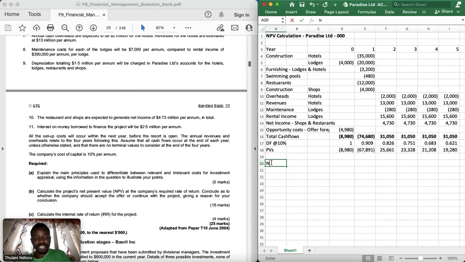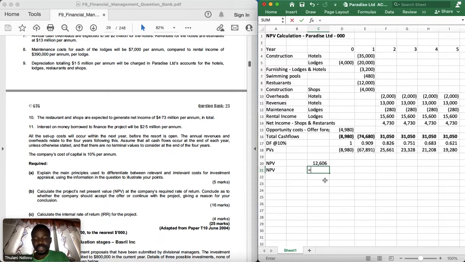Then now we can calculate the NPV, which will be the sum of all the present values. We get that figure 12606. Therefore, the NPV is positive. The company should go ahead and develop the island into a resort location.